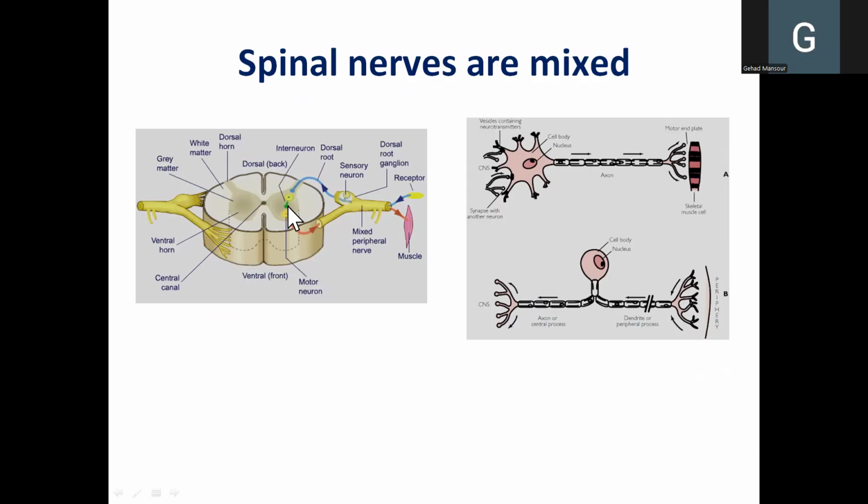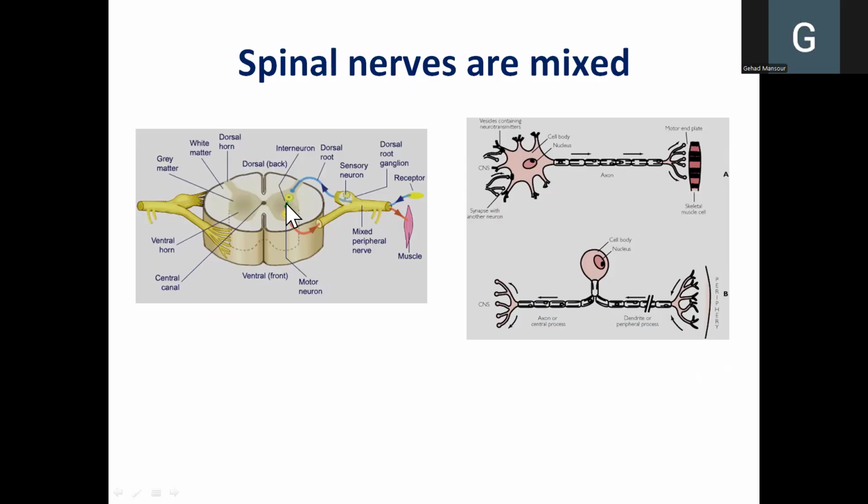In between them, you might or might not have an interneuron. An interneuron transfers the impulses from the dorsal sensory root to the ventral motor root. The presence of the interneuron delays the reflex a bit, meaning that if you need the reflex to be very rapid, like the withdrawal reflex, for example, when you are pinpricked, you withdraw your hand, then you wouldn't have this interneuron.